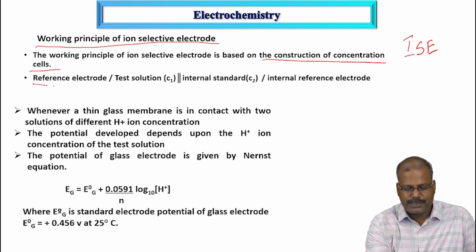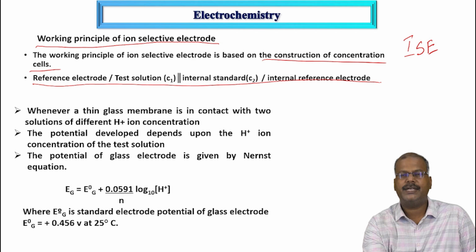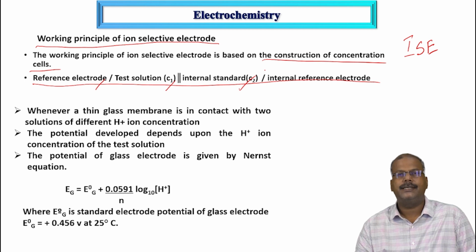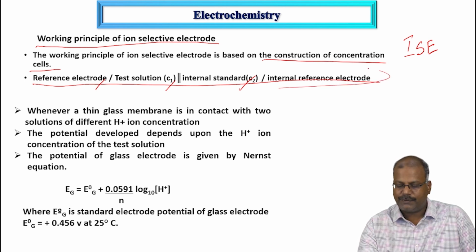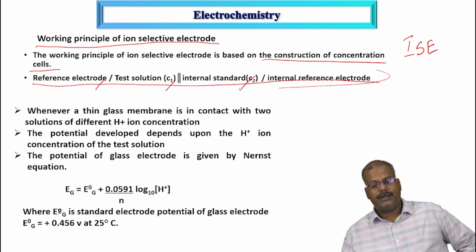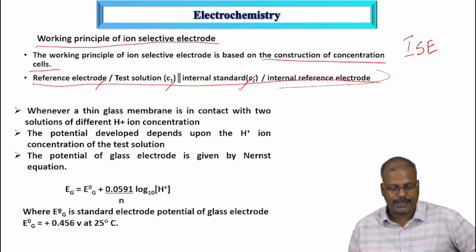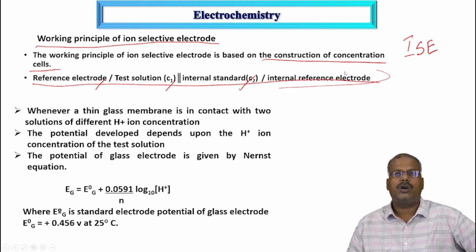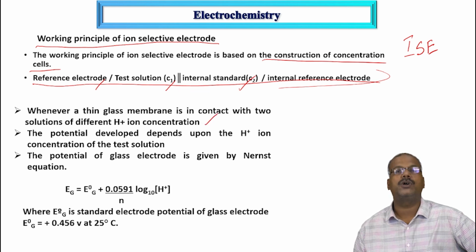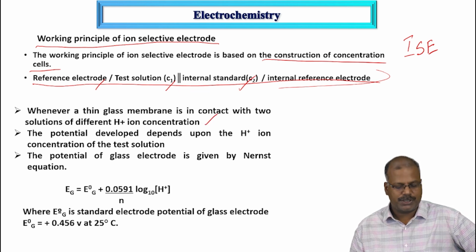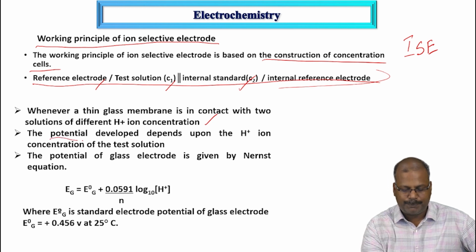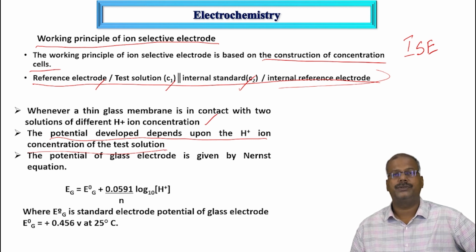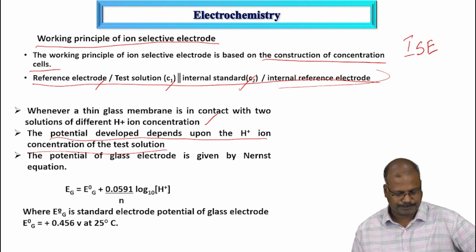So the cell is constructed like this. You have a reference electrode, a test solution with concentration C1, an internal standard with concentration C2, and an internal reference electrode in the ISE. Whenever a thin glass membrane is in contact with two solutions of different H plus concentration, which is a type of concentration cell, the potential developed depends upon the H plus ion concentration of the test solution, whichever you want to test.